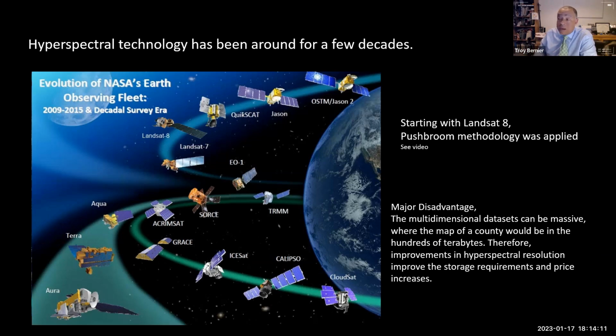With improvements in resolution, today we're enjoying 30 meter pixel size, but some of the commercial platforms or new platforms like Planet Labs, or even the drone systems or aircraft systems which we're about to look at, have much smaller resolution. So your data sets can be tremendous. Ideally, to improve performance, storage requirements and price increase as well.